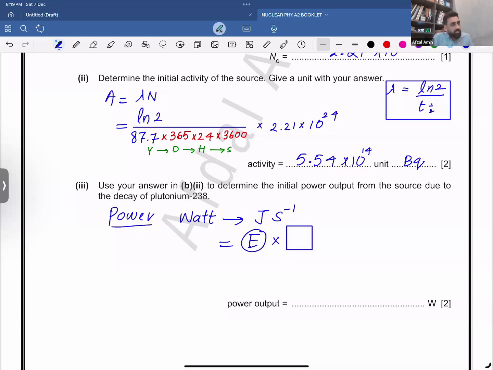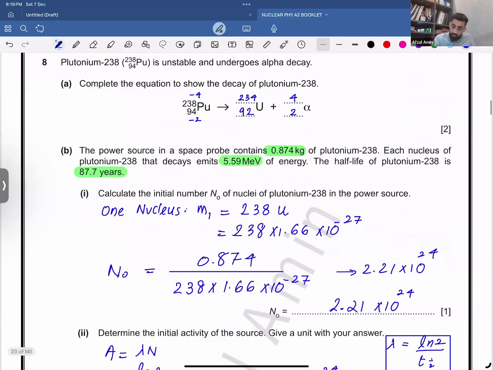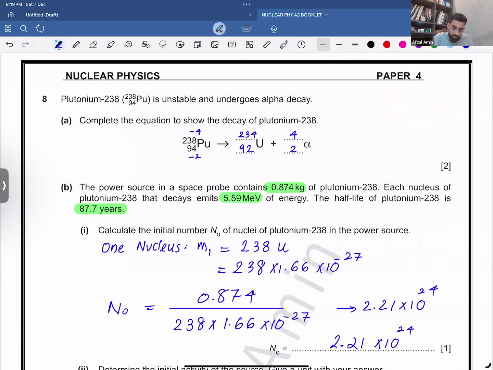Understanding or not? Now, the energy from the source is 5.59 mega electron volt. That is for one nucleus.